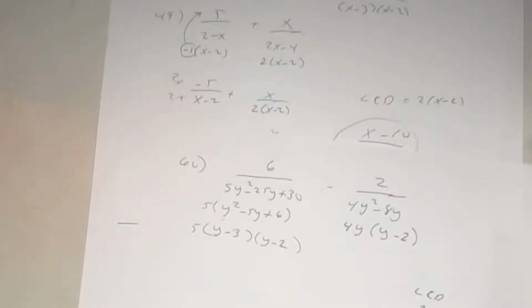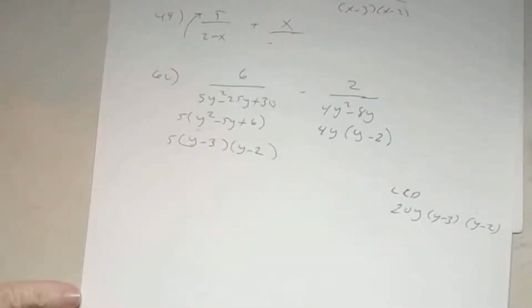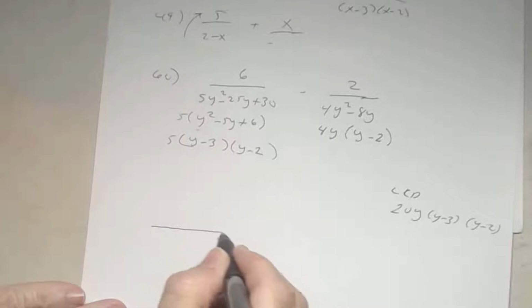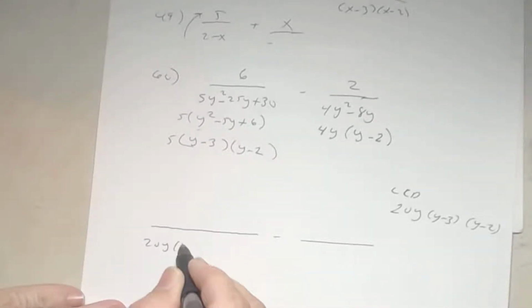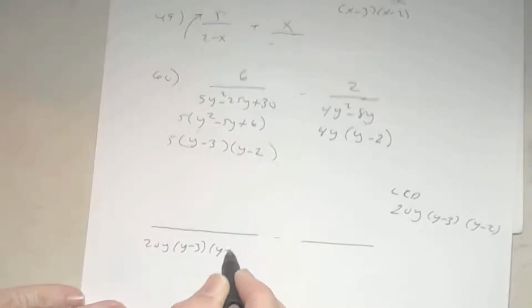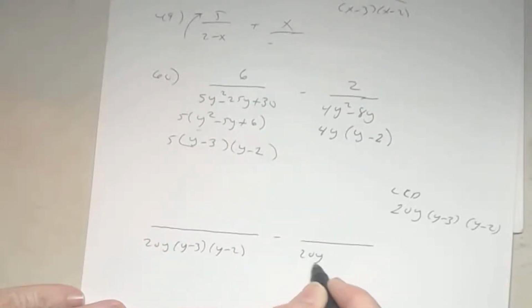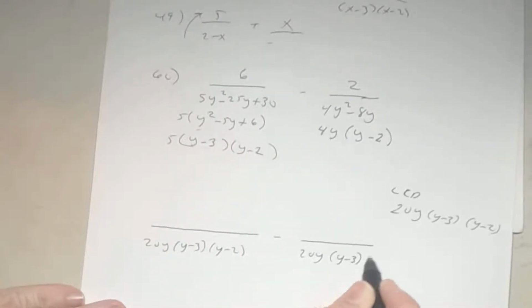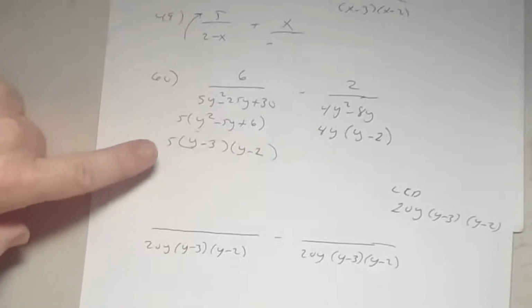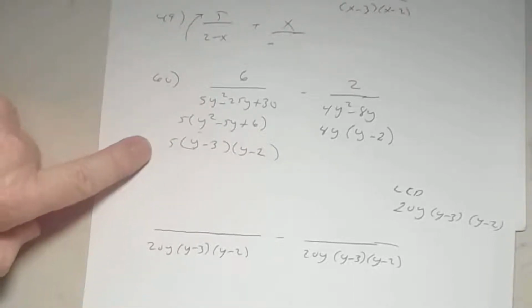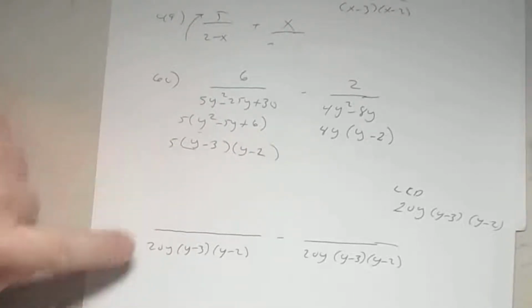Okay, so what's the next step? Equivalent fractions. So 20y times y minus 3, y minus 2 on each denominator. Now look at what you have and what you need in the first one. I have a 5. I need a 20.